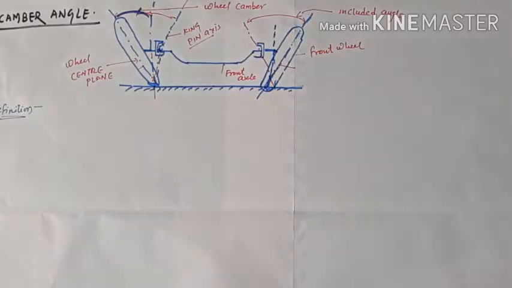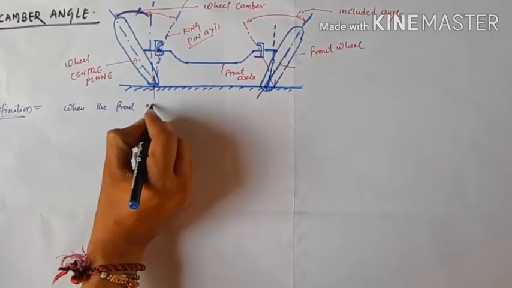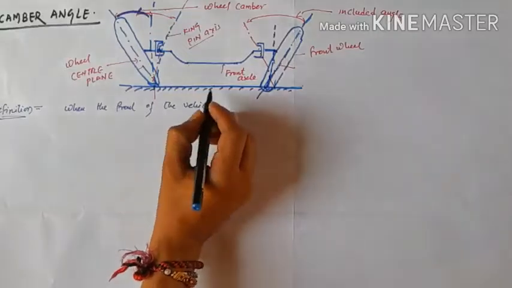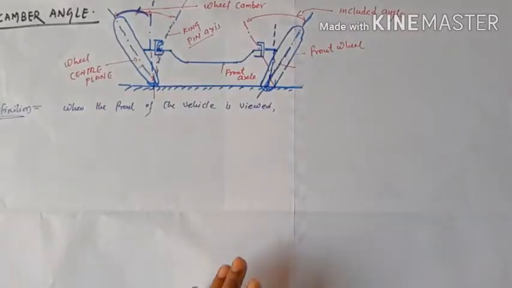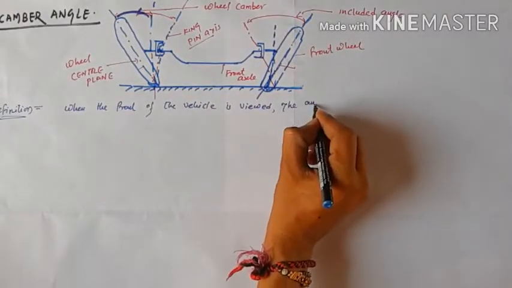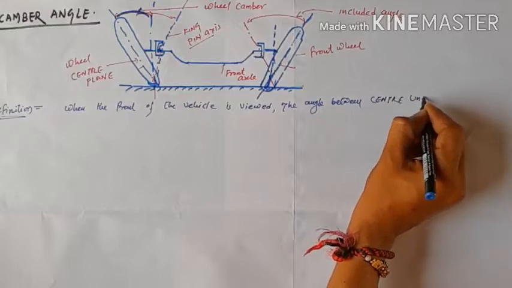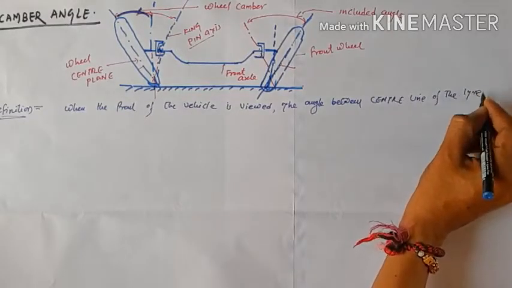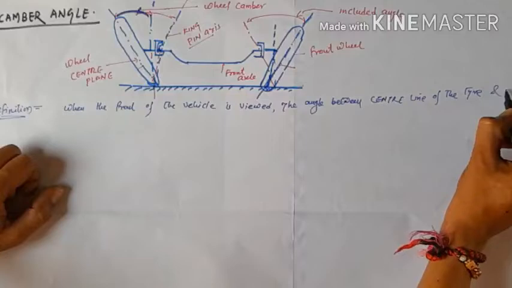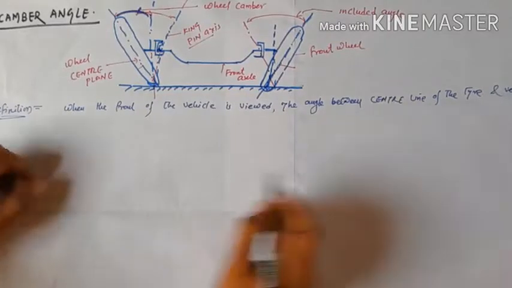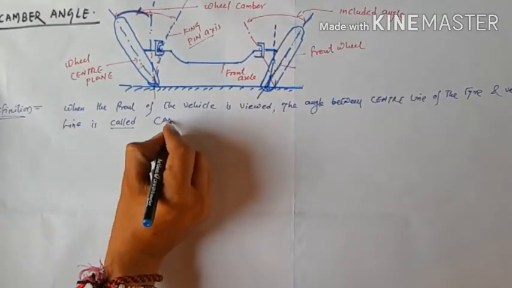The definition says, when the front of the vehicle is viewed, the angle between the center line of the tire, that means this, and the vertical line, that means this, is called camber.